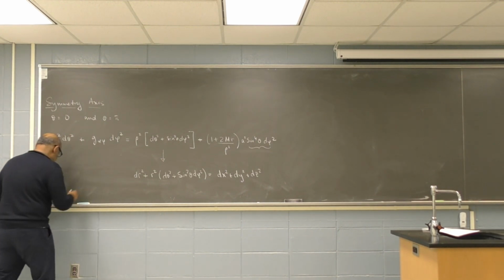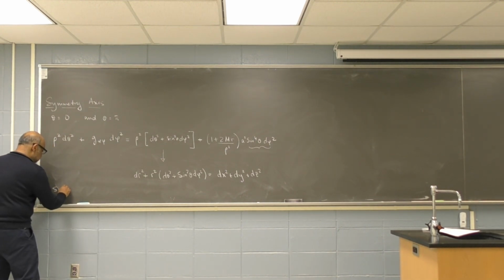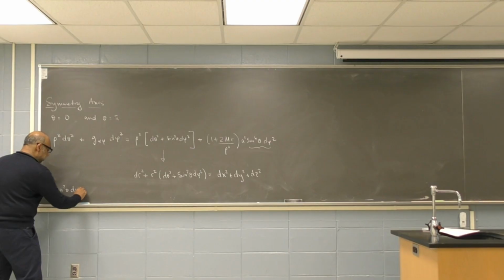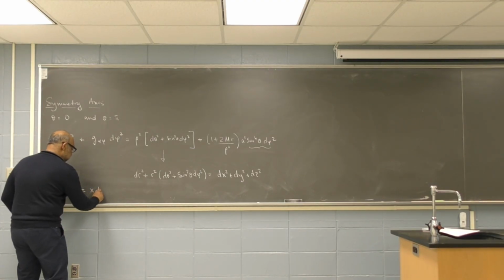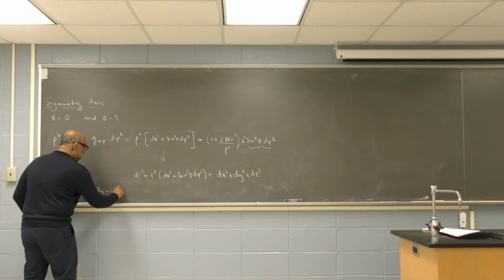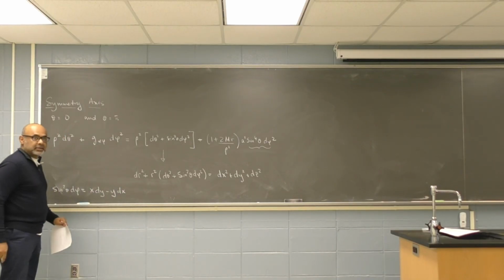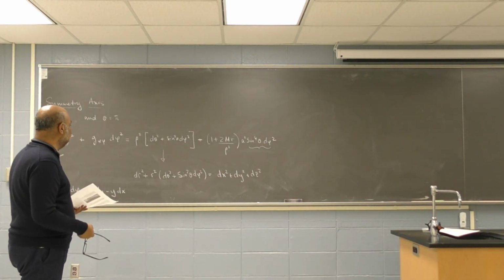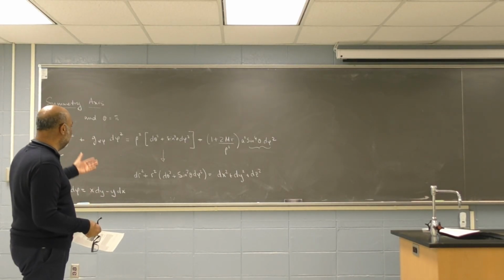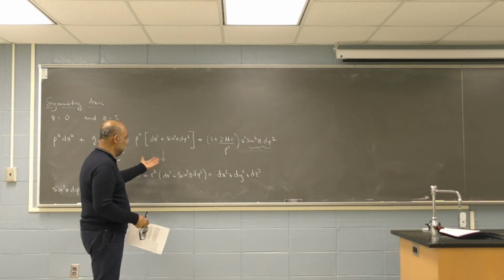For example, in a Cartesian coordinate system, sine squared theta d phi is nothing more than x dy minus y dx. Okay, so there exists a Cartesian version of Kerr geometry where the singularities just disappear.